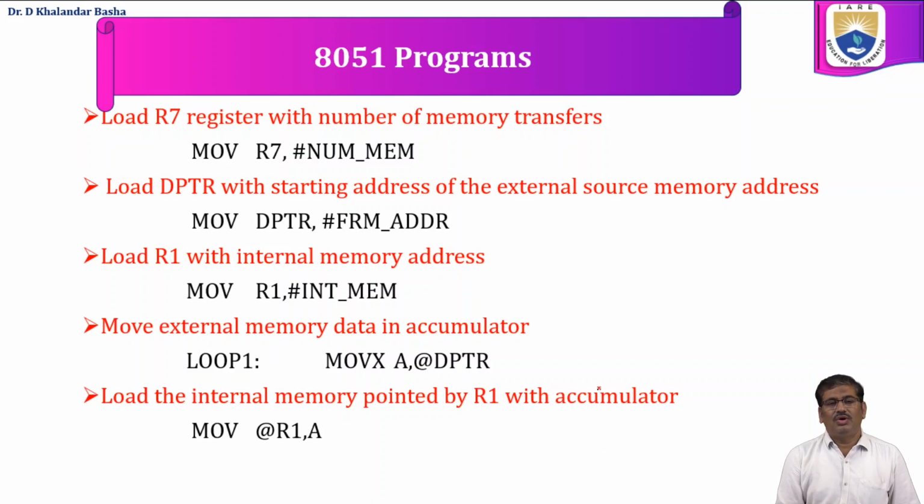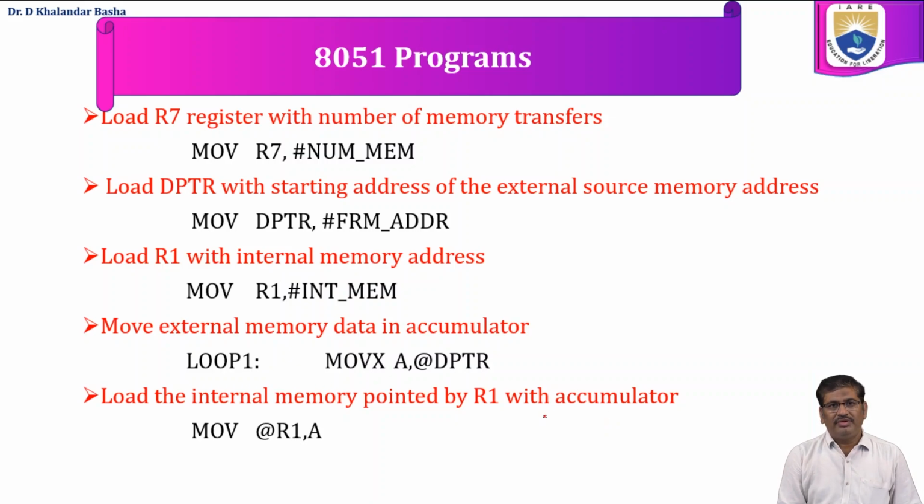Next, we will load the starting address, which is present in the external memory, into DPTR with the instruction MOV DPTR, #from address. We want to copy initially from external memory to internal memory. Then the internal memory address we load into the R1 register with the instruction MOV R1, #internal memory.